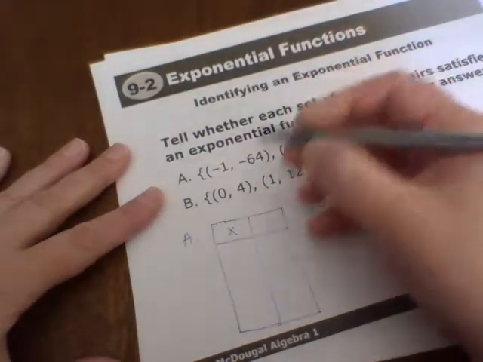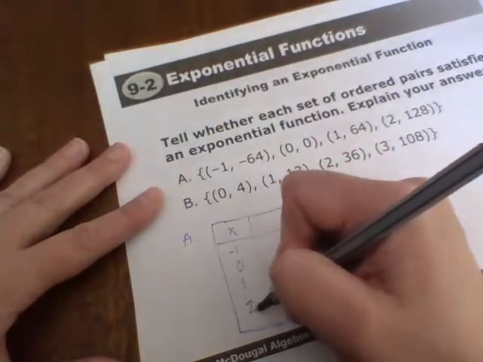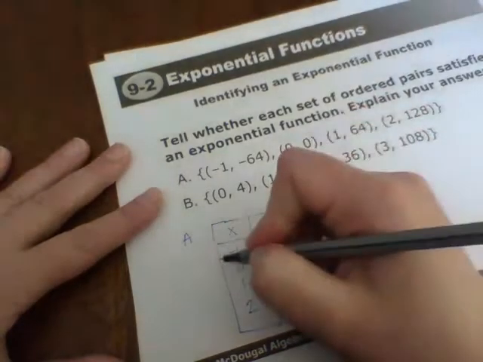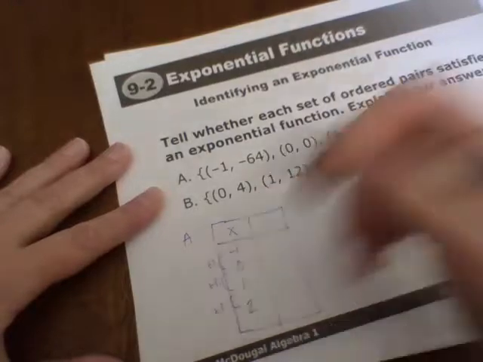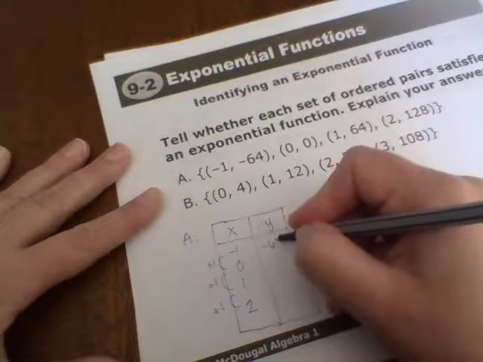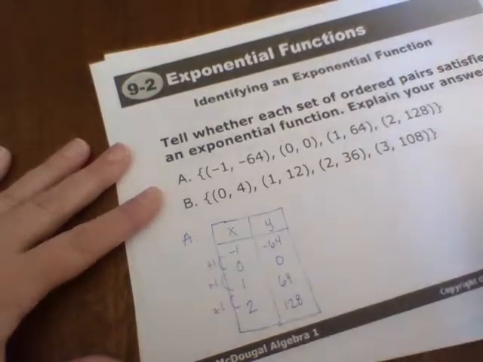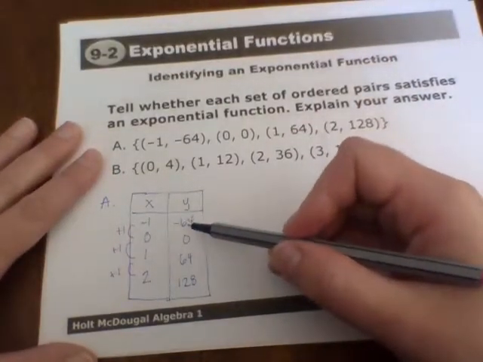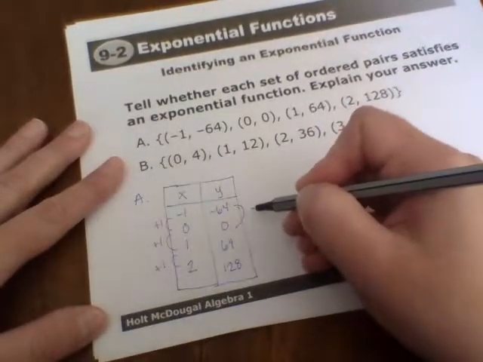And so in part A, we have our x values of -1, 0, 1, and 2. And so as you write them, you can see that those are in fact adding 1 each time to get from one piece to the next. And then the y values are going from -64 to 0 to 64 to 128. So taking a look at finding our constant ratio, hopefully you can already see that to get from -64 to 0, you would need to multiply by 0.